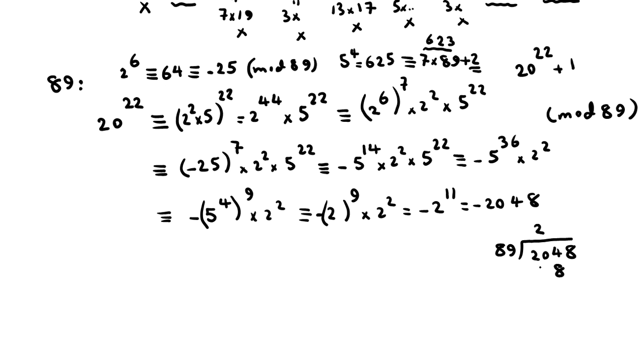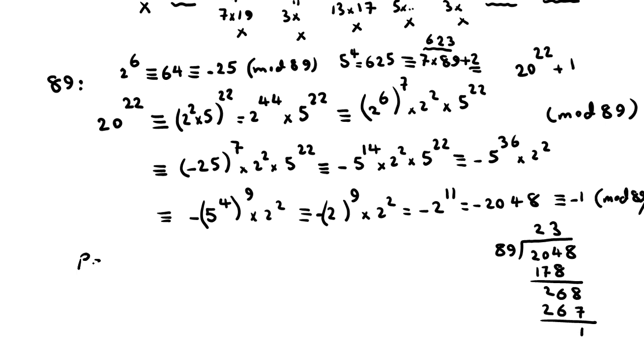We have 1. 2 times 8, 16 plus 1, 17. 14 minus 8, 6. It is 10, 9 minus 7. You can say it's 2, 2, 6, 8. And if you multiply by 3, 3 times 9, 27. 3 times 8, 24 plus 2, 26. It's 1. So because it is 1, it is negative 1 mod 89, and that's the thing that we wanted.